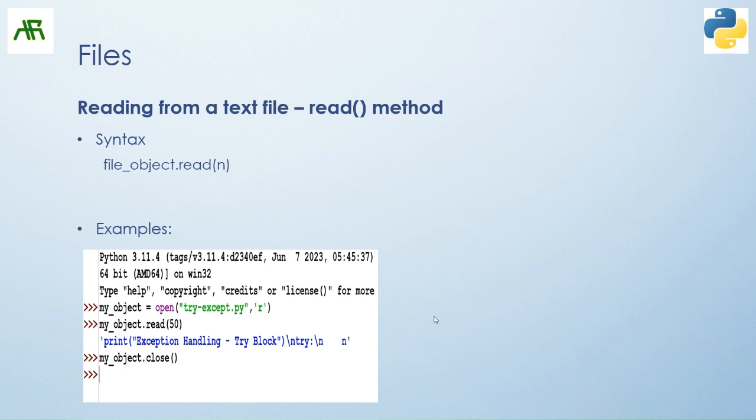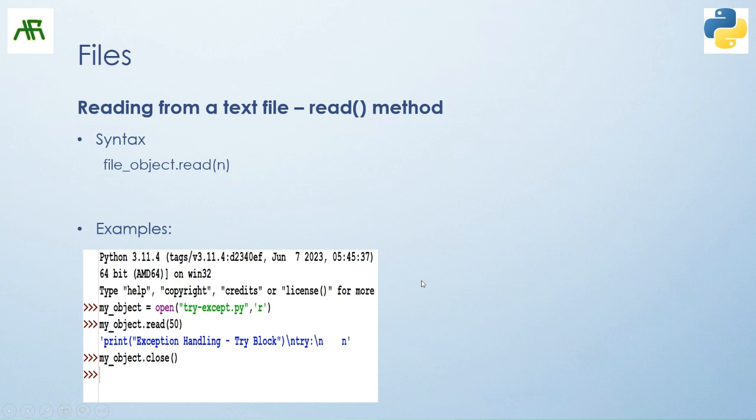So it prints exception handling, try block and \n try \n. That's the 50 characters read from the tryexcept file. It might hold more than this, but my expectation is to read the first 50 characters from that file, and I'm closing it.